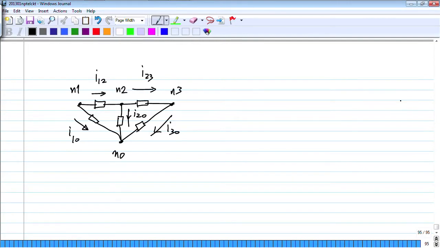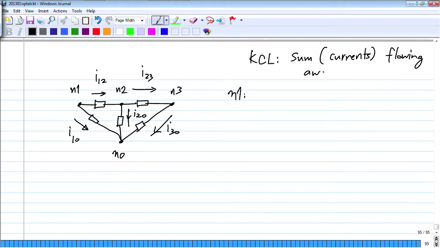Now I'll write KCL equations at every node, and my convention is to take the sum of all currents flowing away from the node. The sum of currents flowing away from the node should be equal to 0.